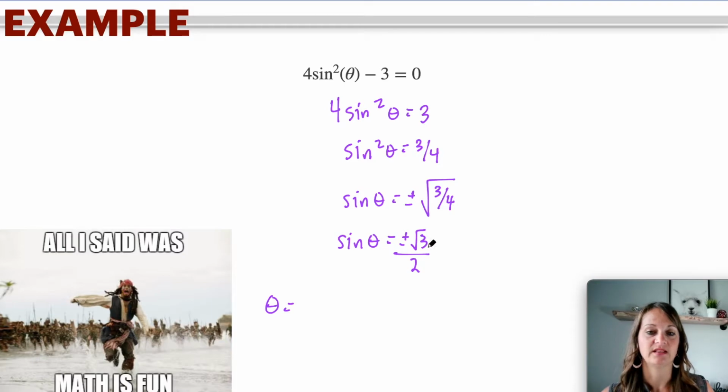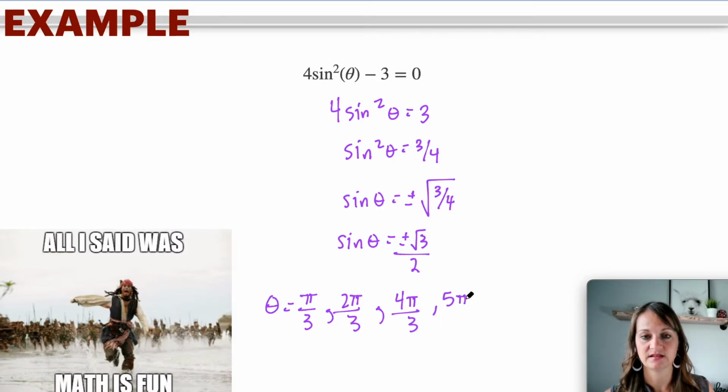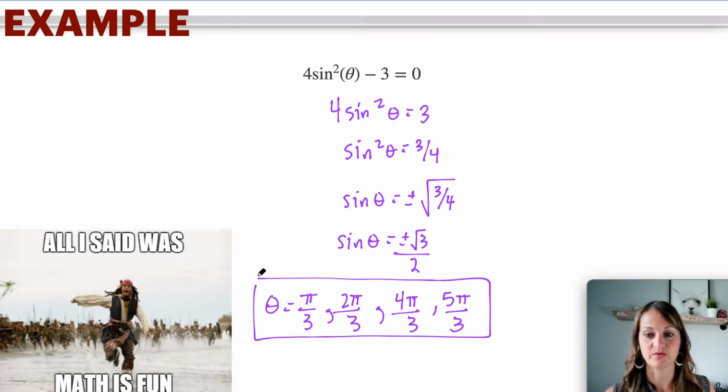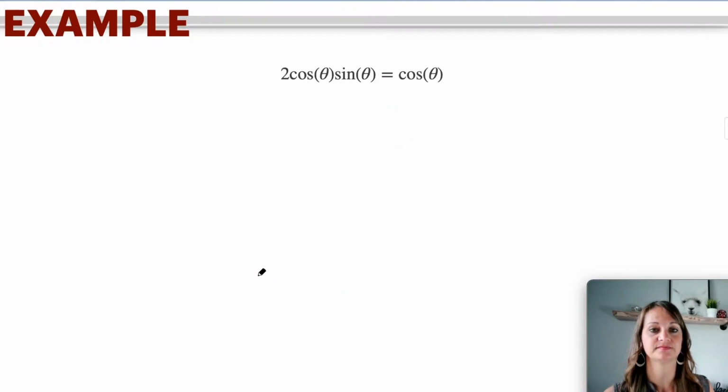So let's talk about positive first. Sine is positive square root of 3 over 2 at pi over 3 and at 2 pi over 3. Now, sine is negative square root of 3 over 2 at 4 pi over 3 and at 5 pi over 3. So you actually will get 4 answers in this case.